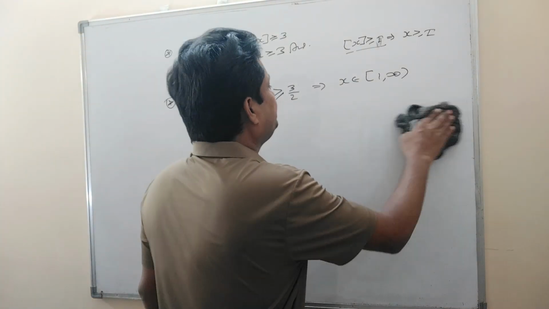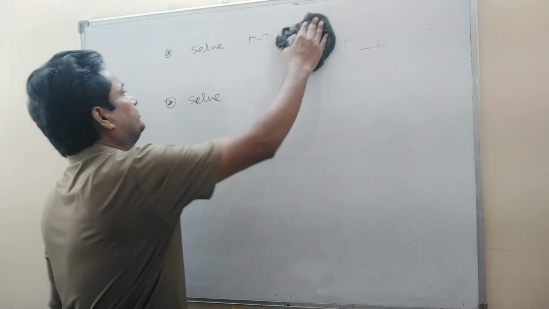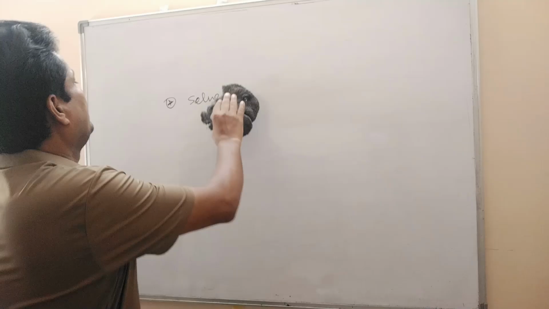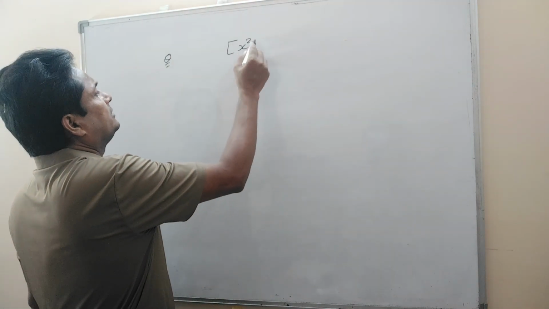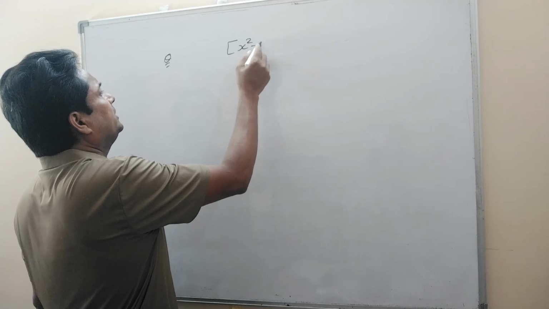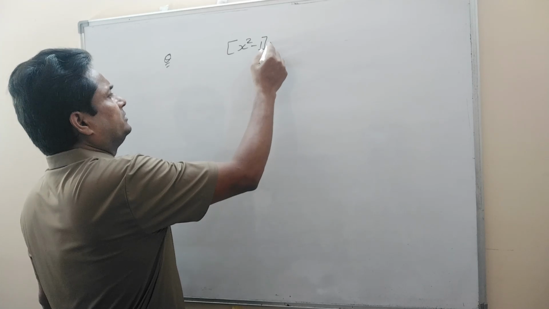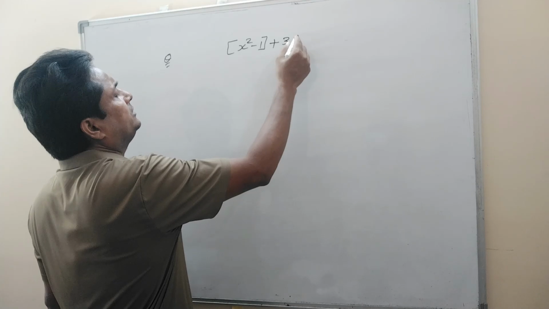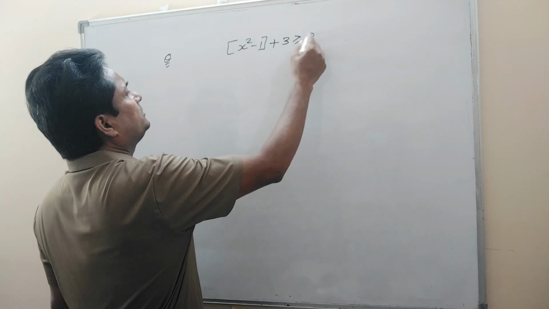Now let's solve this question. Now let's solve greatest integer of x square minus 1 plus 3 greater than or equal to 0.